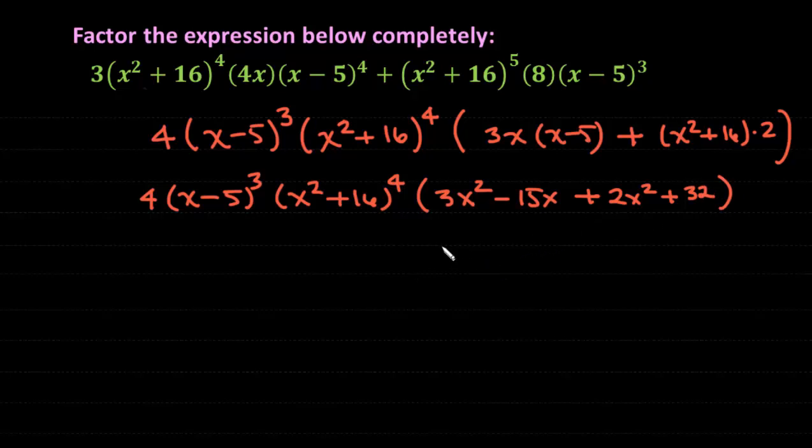Combining terms, we get 5x squared minus 15x plus 32. And then we write out the other leftover stuff here.